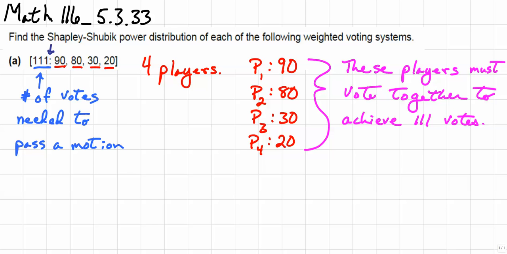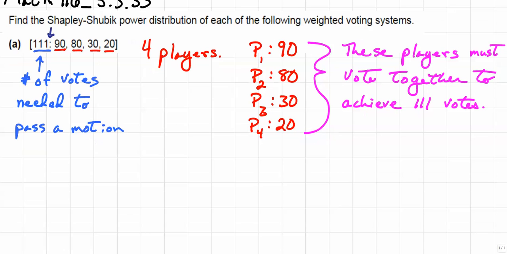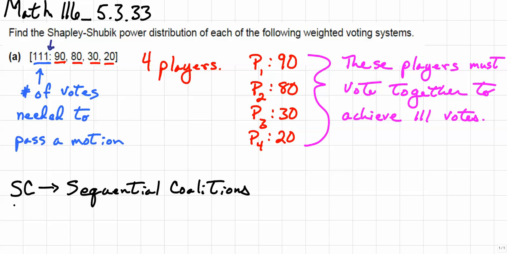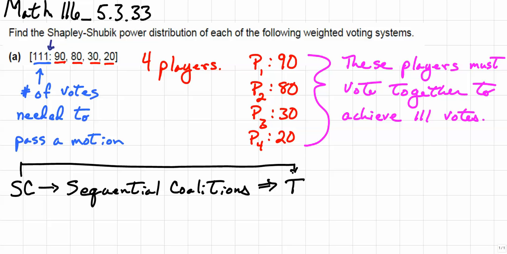So in order to do this, I need to know the number of sequential coalitions in order to solve this problem. Well, sequential coalitions, SC, I said SS, but that should be SC, is given by the following. T is going to be our number of sequential coalitions, and that will be given by n factorial, where n is the number of players.